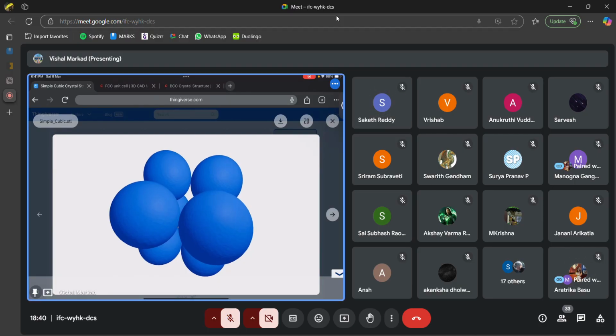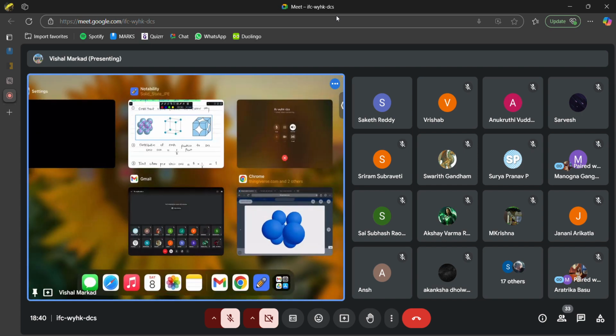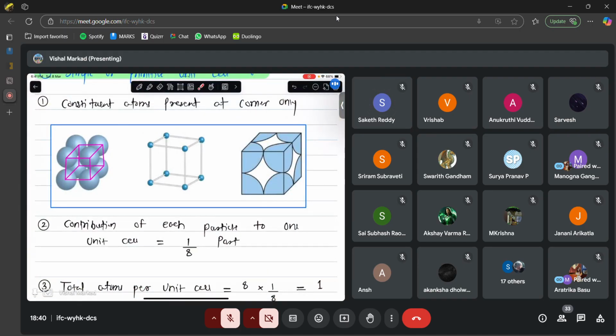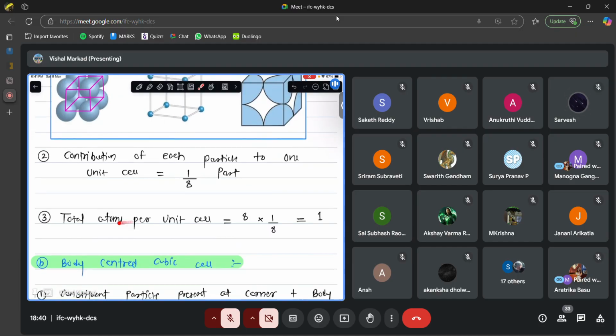That's what I am asking. So from the corner, what is the contribution? 1/8. The sphere present at the corner, how much will it contribute to the one cube? 1/8 part. Total how many corners are present? 8.